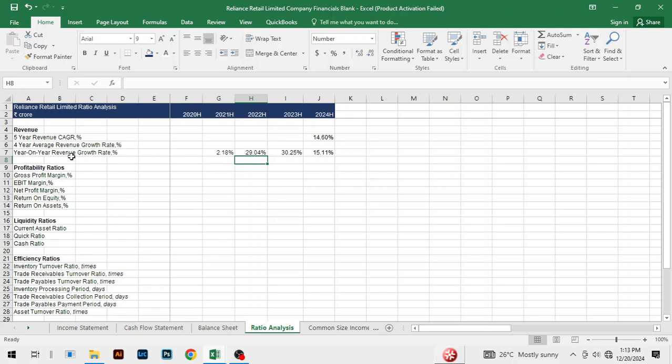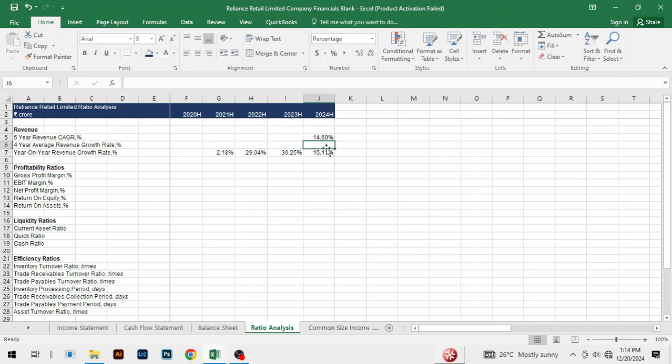As you can see here, in 2021 revenue grew by 2.18%. In 2022 it grew by 29.04%, 30.25% in 2023, and 15.11% in 2024.